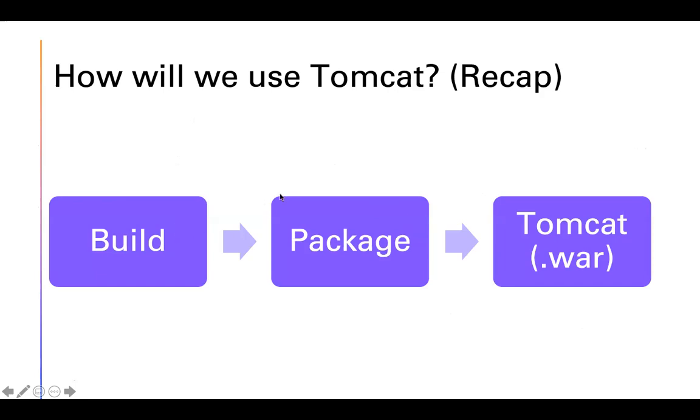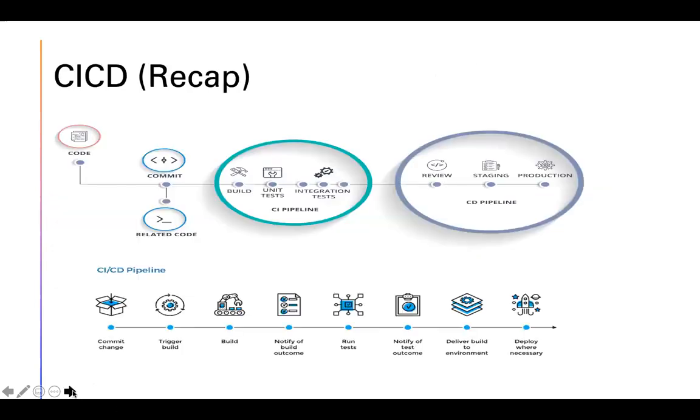There's also a pipeline: we build the application, package it to WAR, and then we deploy it into the Tomcat server. So basically this is what we did last week. As you remember, when I made a change in the code with the color, when we accessed Tomcat, we were able to see the new updates from the Tomcat server. Which is a very cool small pipeline that we just did.